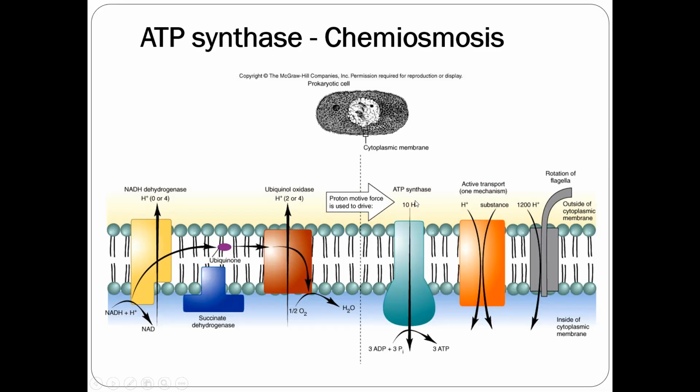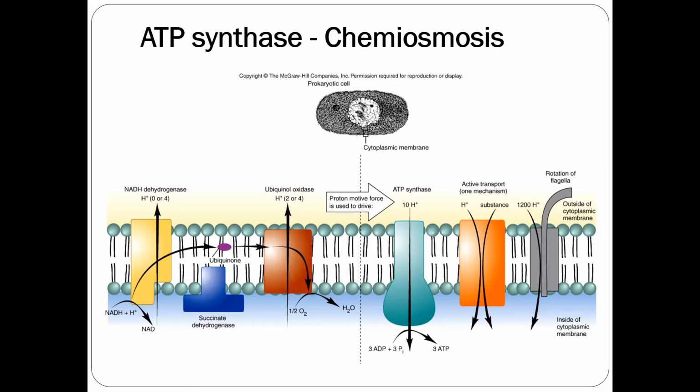And at the same time, when there are so many protons outside, they also come back. Once ATP synthase has been activated, ADP will become ATP. Then these hydrogen ions go inside through active transport. Remember, this is a channel, which is a carrier, and they also need energy, which is ATP. But for bacteria, more important, they generate energy for moving.